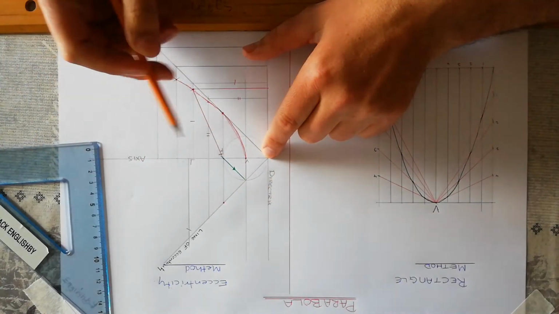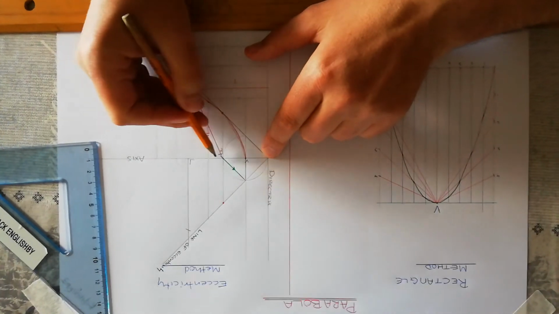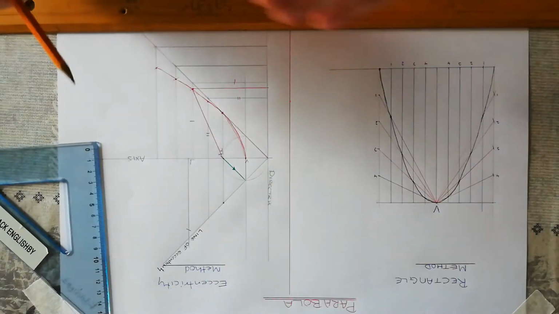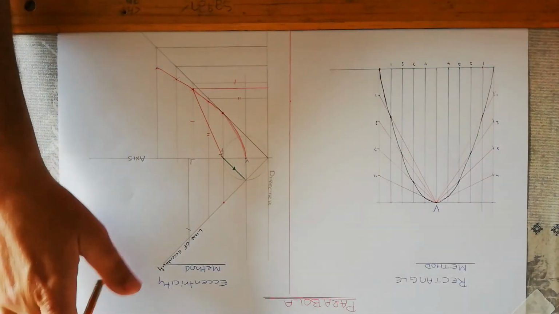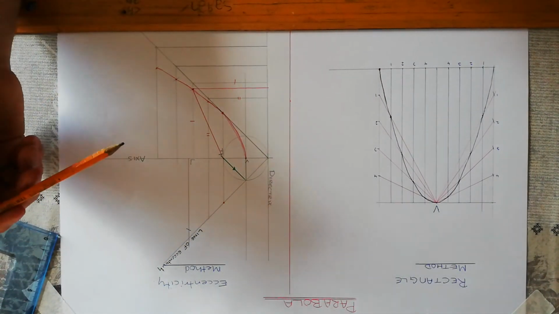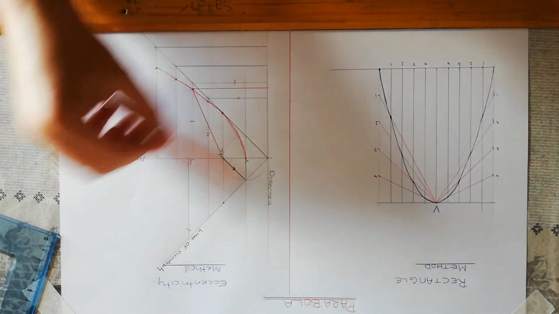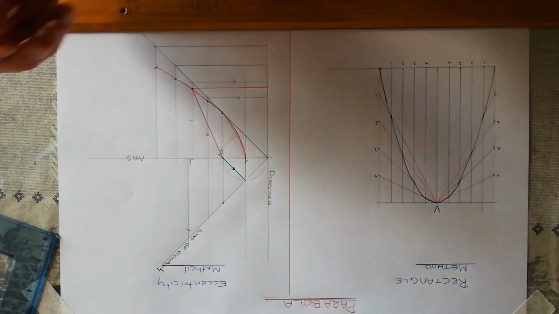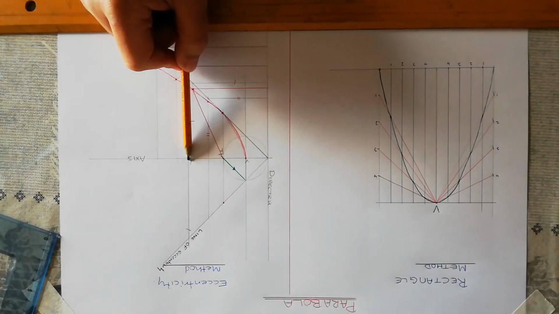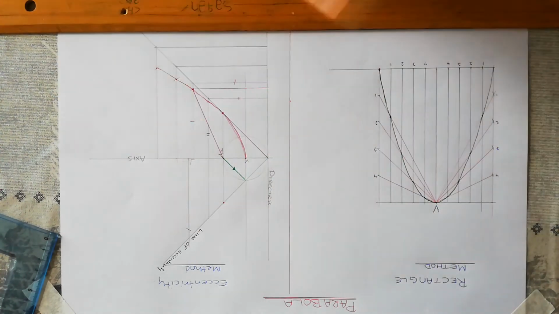And so once we've done that, all we have to do is get your distance to there, get your focus, and swing out an arc. For a parabola, the eccentricity method and the compass method are very, very similar, except with the eccentricity method, you may draw the line of eccentricity. If you decide not to draw the line of eccentricity, you measure from the directrix to the line perpendicular, and from that distance you may swing an arc from F.